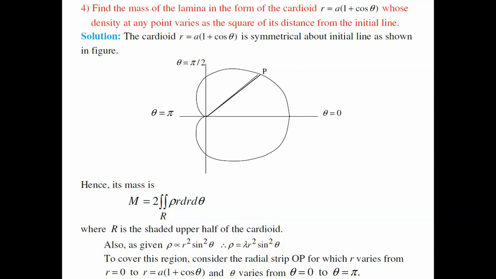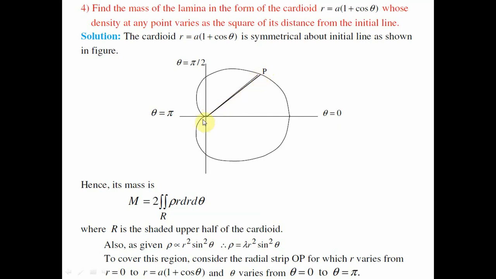Rho is known. Now we will need to find the limits of integration which will cover the upper half of this cardioid. To find the limits of integration in polar form, always we will need to consider the radial strip which will cover that region. So to cover this upper half of the cardioid, we will consider the radial strip OP. O is the pole and this is the point P which will lie on the boundary of cardioid.